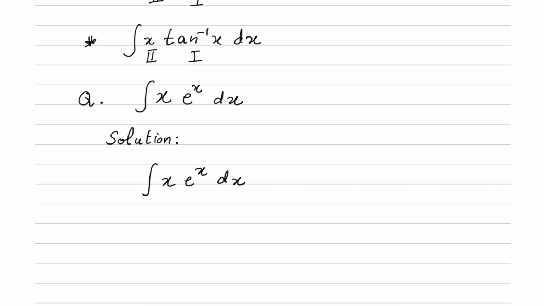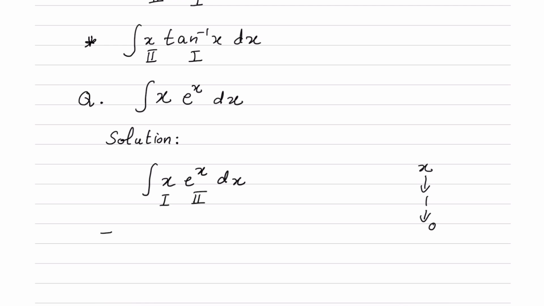Using the first suggestion, you call a function the first function if you know its derivative and the derivatives seem to be vanishing. If we take x as the first function, its first derivative is 1, and the derivative of 1 is 0. So the derivative seems to be vanishing. So yes, we call x the first function and e power x the second function.